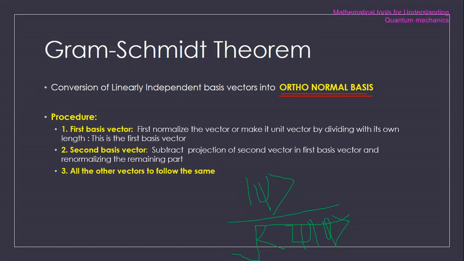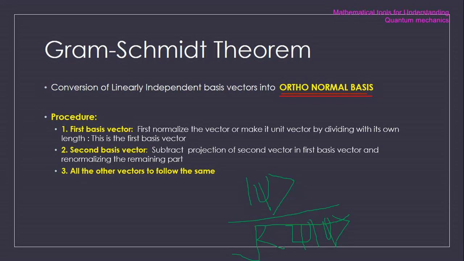For the second basis vector, we subtract the projection of the second vector on the first basis vector and renormalize the remaining part.